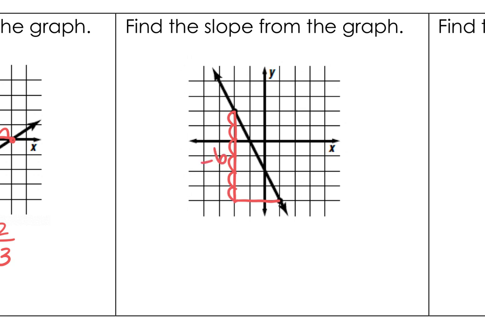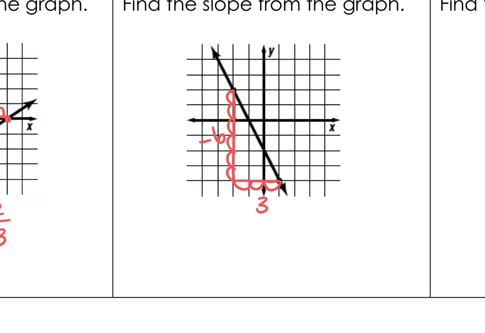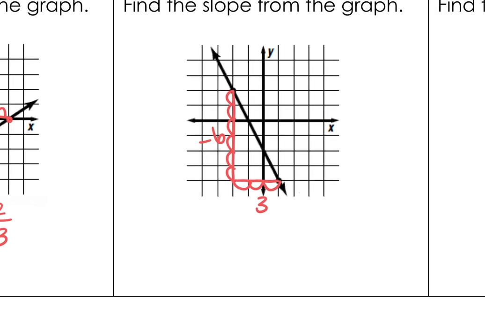So down 6, so -6. And then over 1, 2, 3. So my slope is -6/3. And -6, when I divide that by 3, I get -2. Very good. So that has a slope of -2.